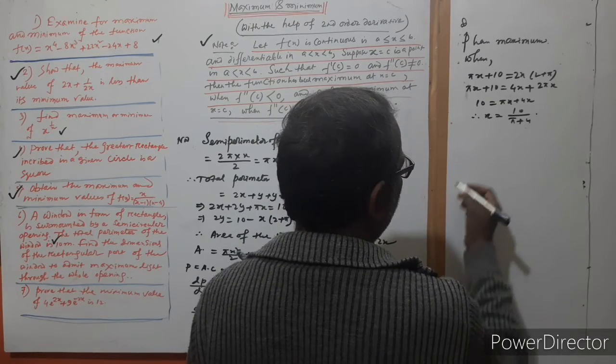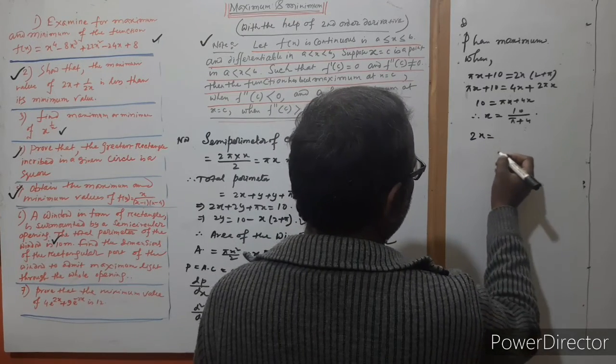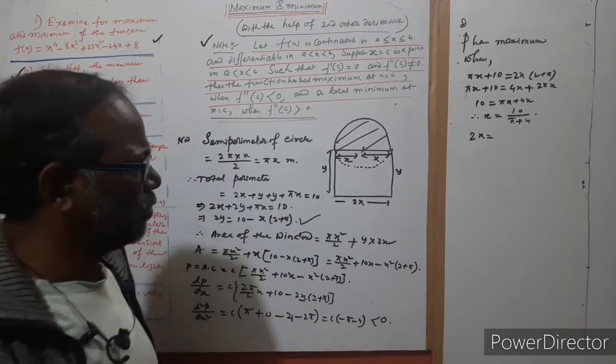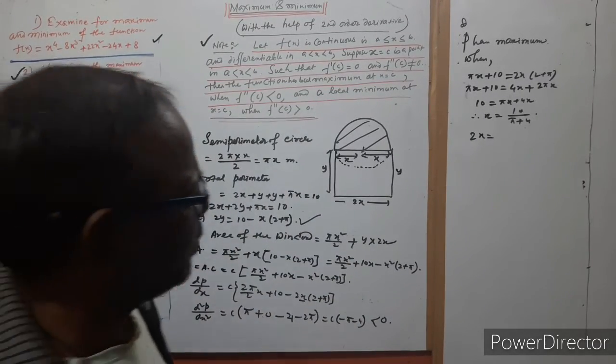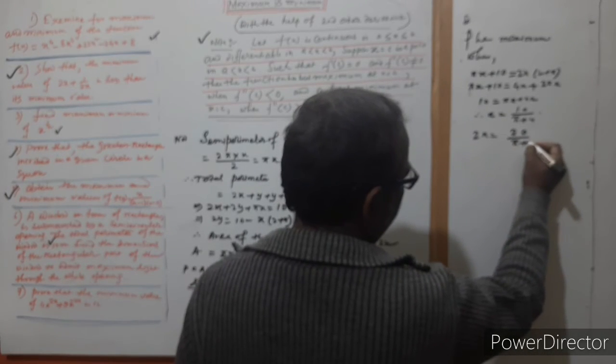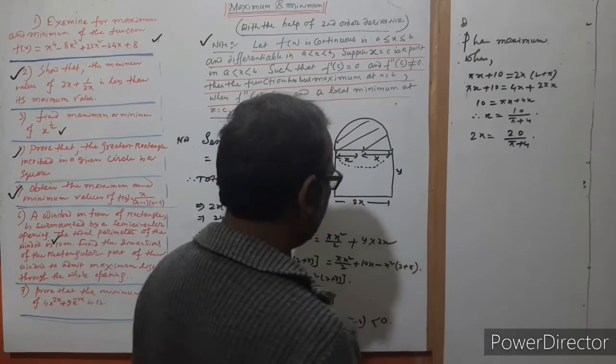Okay, and now twice x is the length or width. This is 20 by pi plus 4. Now you have to find the value of y here.